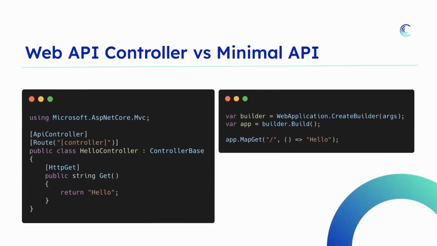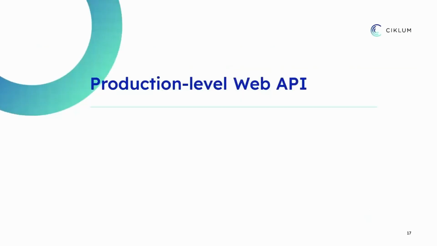But a lot of people argue that minimal API looks clean, looks nice, it's small, but it's not a production level web API, because a controller contains all this functionality behind it, which helps us build production level web APIs. So let's have a look at what a production level web API should contain.